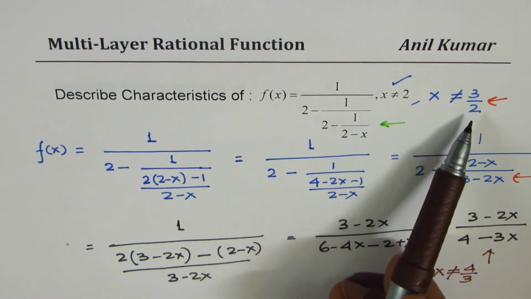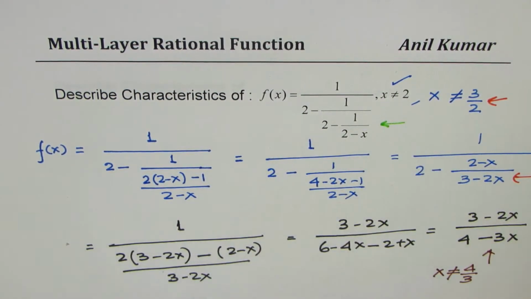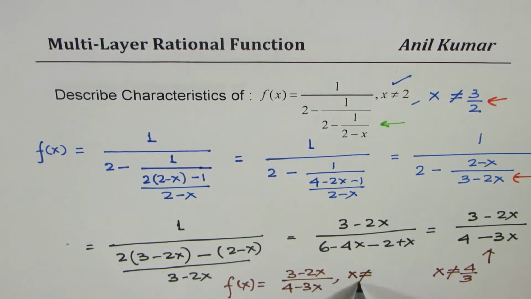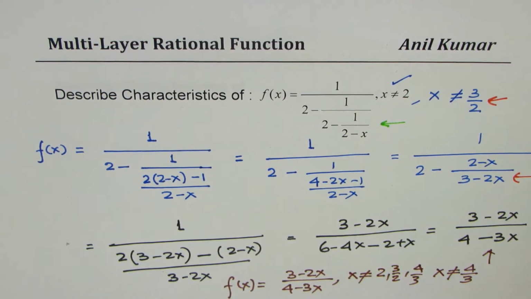It cannot be equal to 3 over 2, 1.5 that is, and 4 over 3. Right? So let me rewrite here that f of x is equal to 3 minus 2x over 4 minus 3x, where x is not equal to 2 or 3 by 2 or 4 by 3. Is that okay? So these are the three restrictions on the given function.